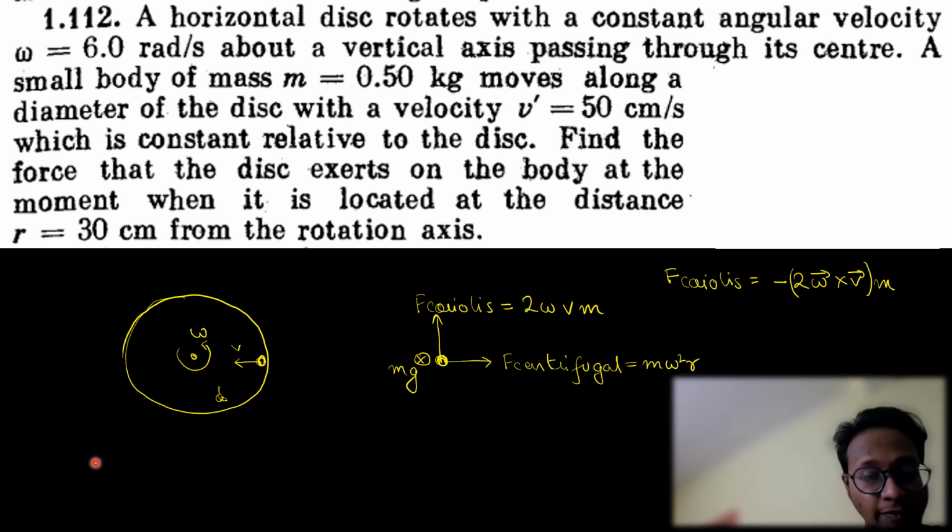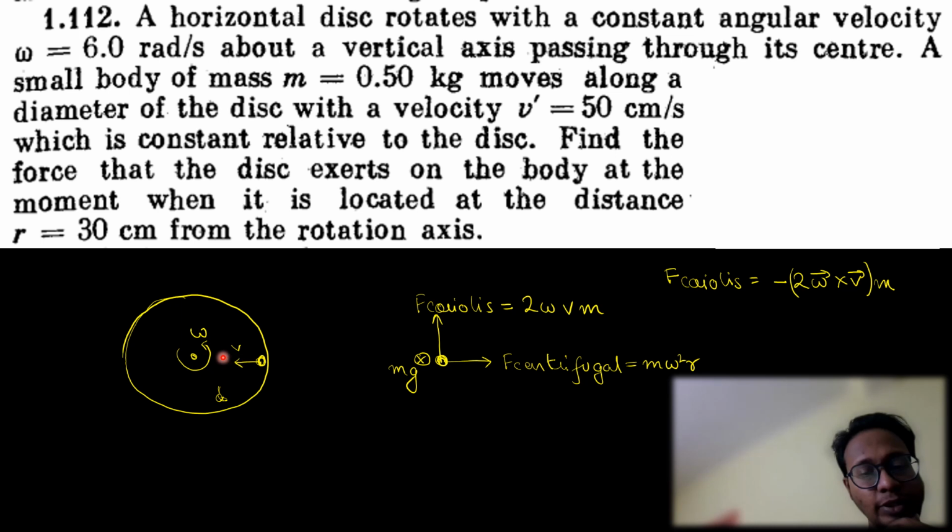Because from the outside frame of reference, if you just throw a velocity, suppose no groove was there, it should travel in a straight line. But see, from the outside frame of reference, the ball will experience a weird path.